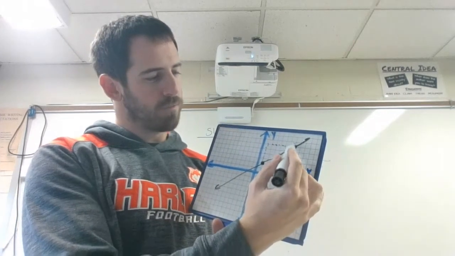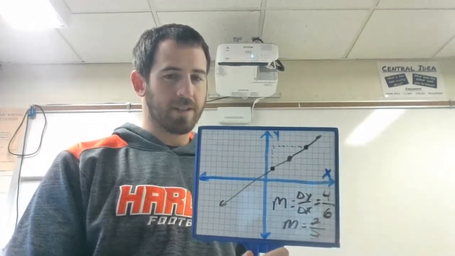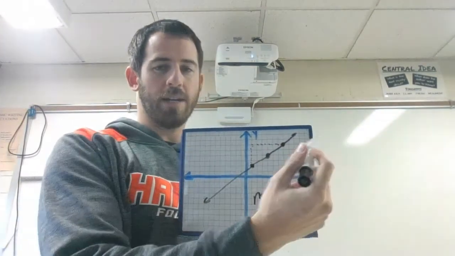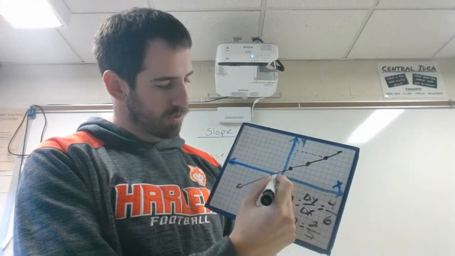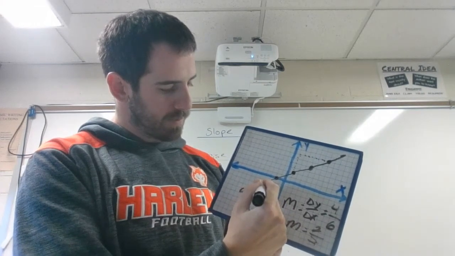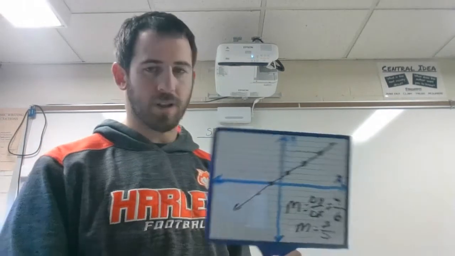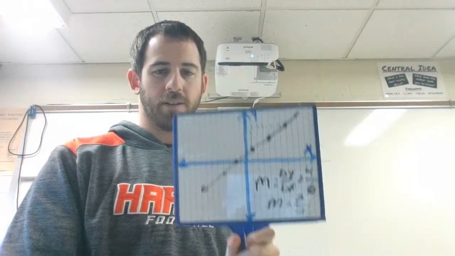I could still go up 2 over 3. And in fact, if you want to be super fancy, the opposite of going up and right is going down and left. So I could go down 2, and then left 3. And you'll notice I'm still on that same line. It's not that straight, but you'll be on the same line continuously. So that's one example. We'll do one more.